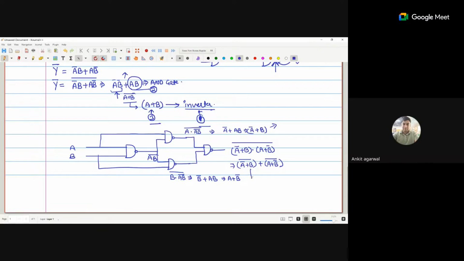If I simplify this one, that is A bar B. So we are getting A B bar plus A bar B, that is XOR.